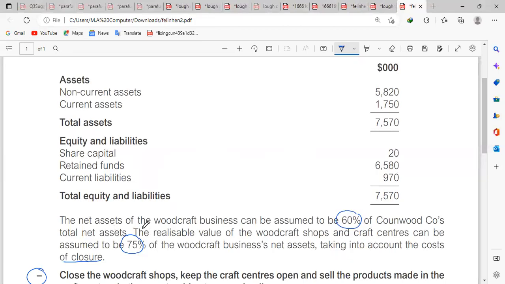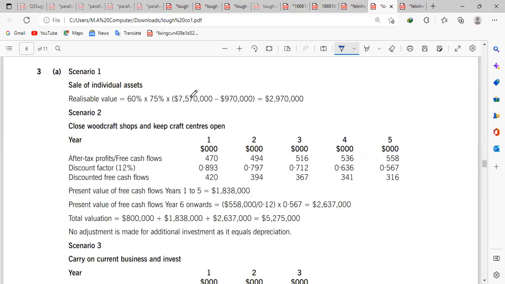The realizable value of the woodcraft shops can be assumed to be 75% of the woodcraft business net assets. So guys, see what is going to happen. What is the 75%? Miss, can you tell me?